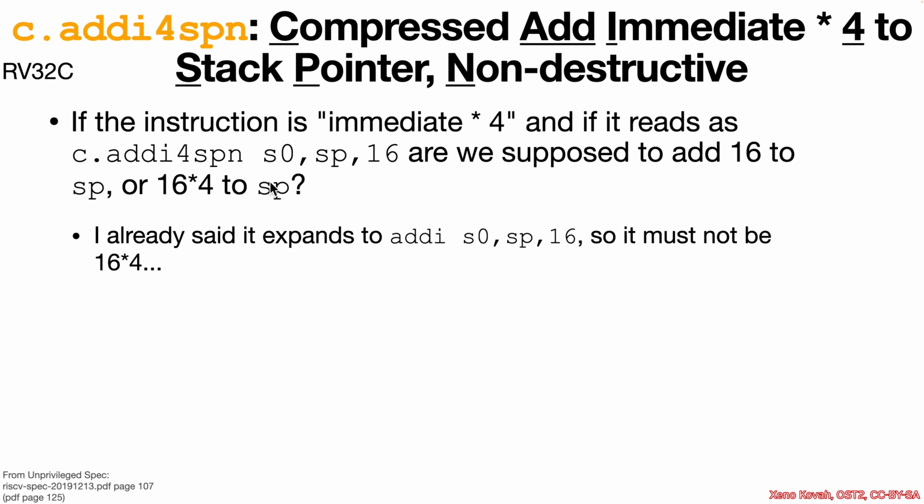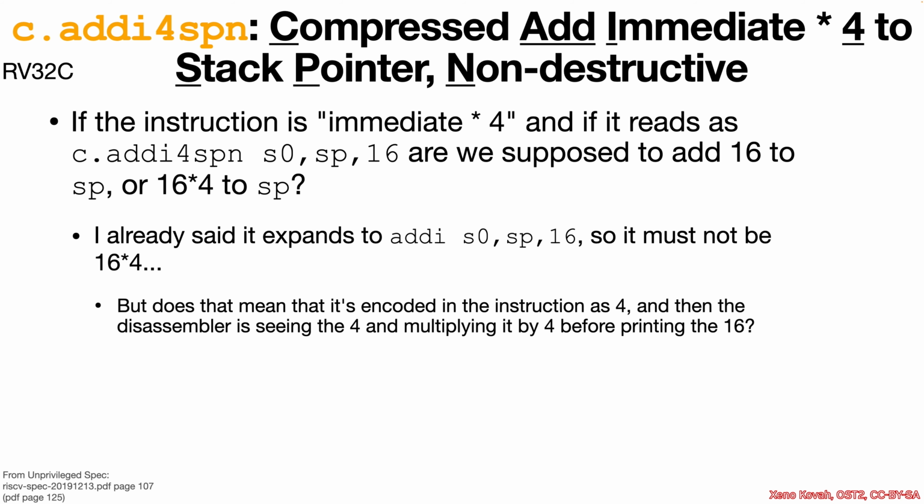Okay, so I said that this particular thing, C.ADDI4SPN s0, sp, 16, expands to addi s0, sp, 16. That addi does not have a multiplication, so if I'm saying it's 16, that means 16 is the ultimate value that's added to the stack pointer, not 16 times 4.